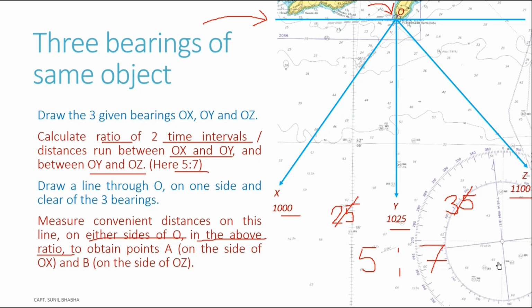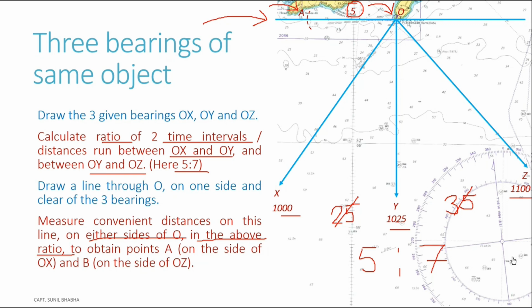So let's mark these two distances from point O. Now I keep my compass on object O. I open it up equal to 5 nautical miles, and I draw an arc. This arc cuts the line at point A. This point A is 5 miles from the lighthouse O.